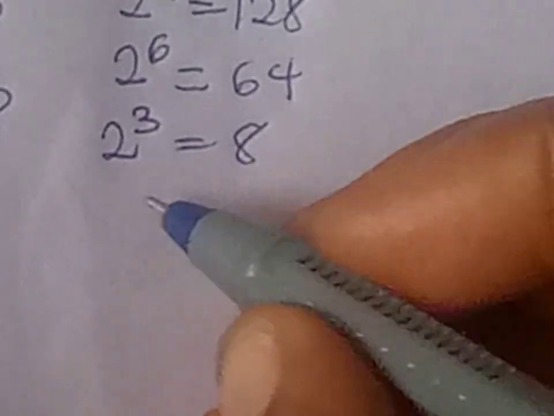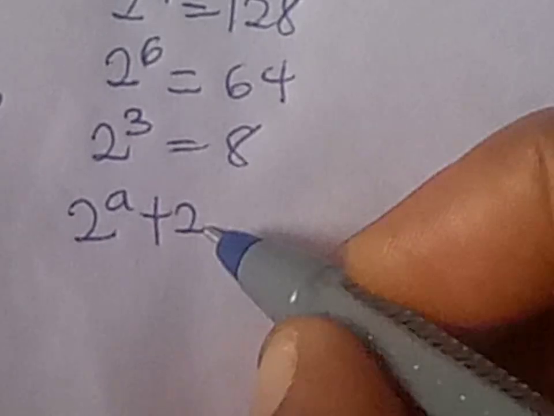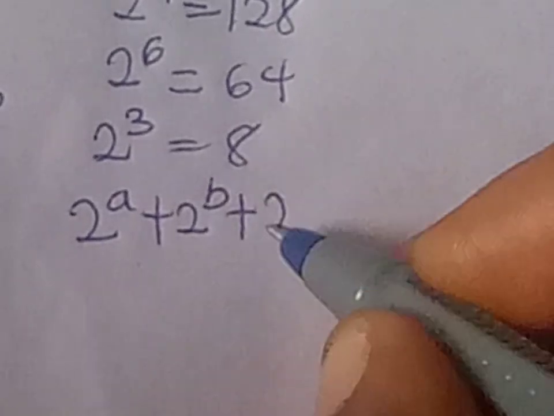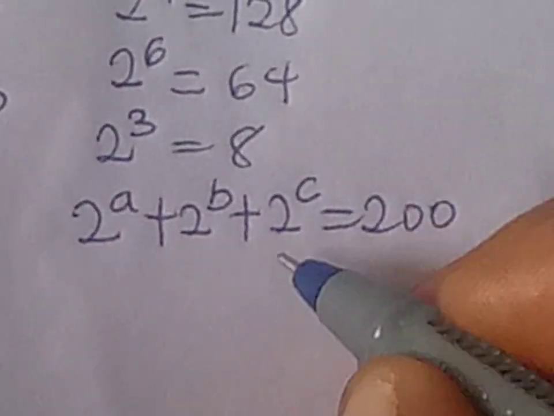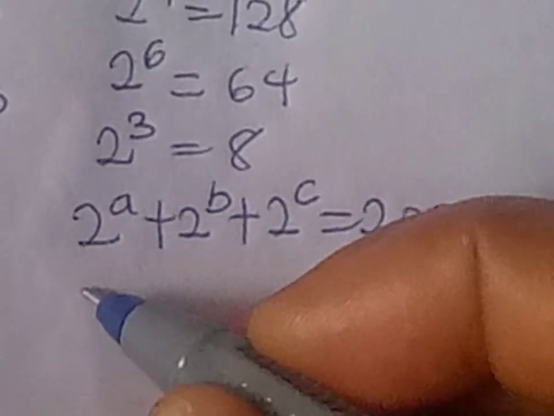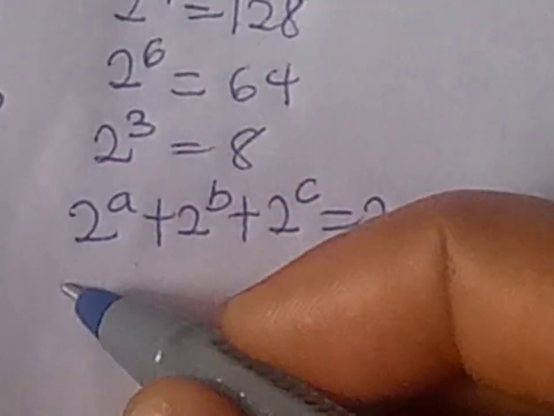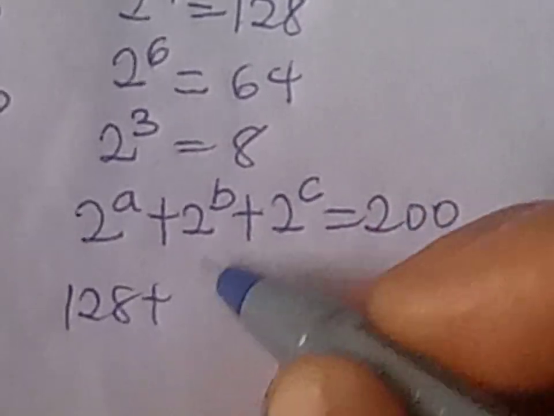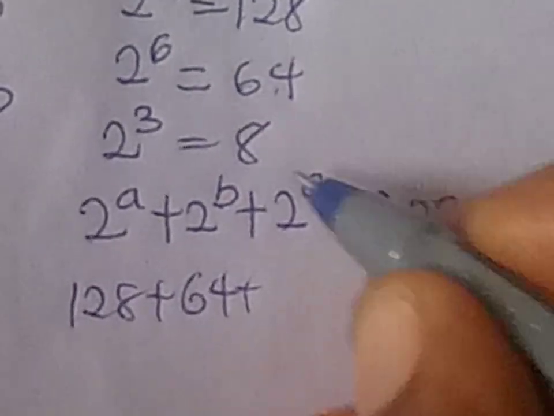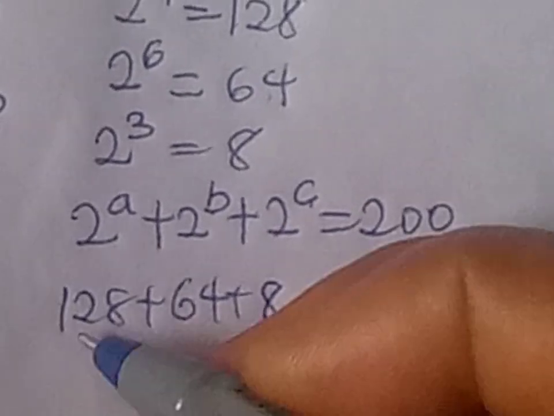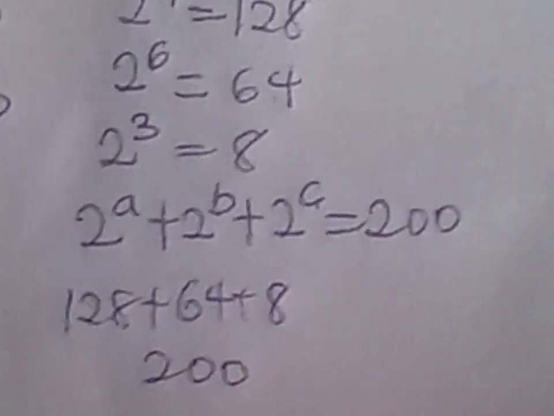Our equation says 2 raised to the power of A plus 2 raised to the power of B plus 2 raised to the power of C equals 200. Now let's substitute this, which will give us 2 raised to the power of A is 128. 2 raised to the power of B is 64. 2 raised to the power of C is 8. By the time you add up everything, you get 200.